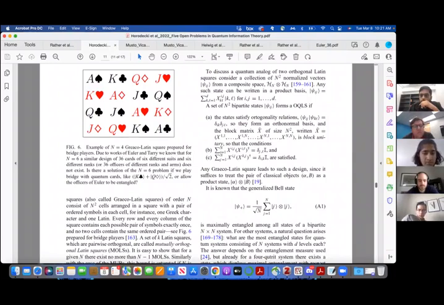So I guess k has to be the same as i, l has to be the same as j, which means that the way I understand it, two different elements will always be orthogonal. I see. For this orthogonal quantum Latin square. Yeah. Okay.